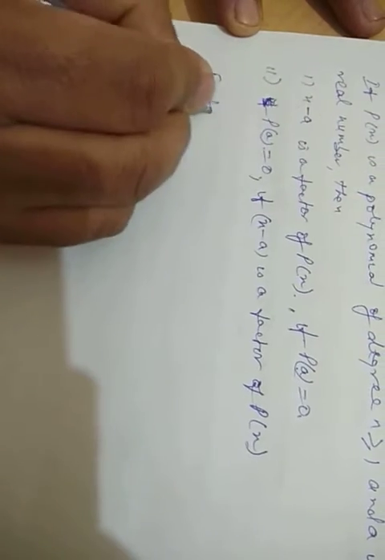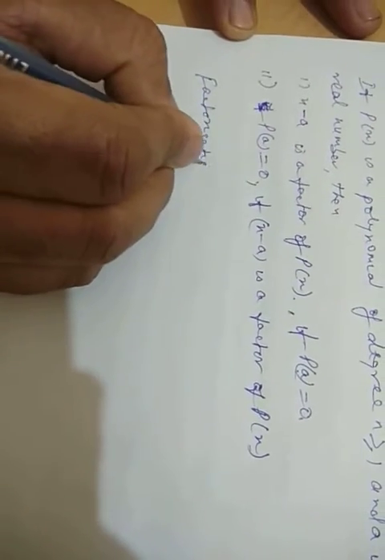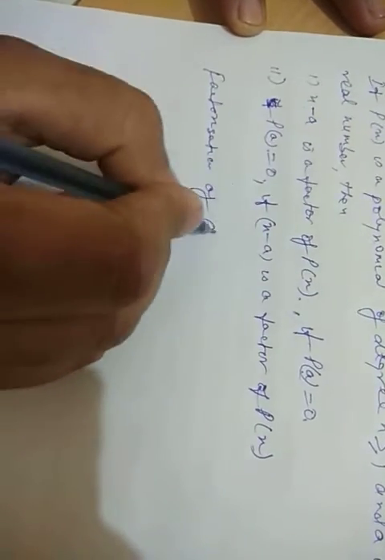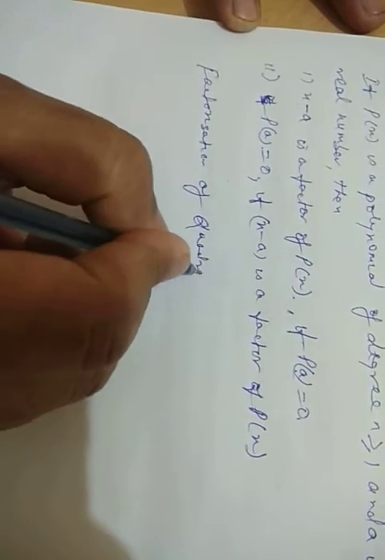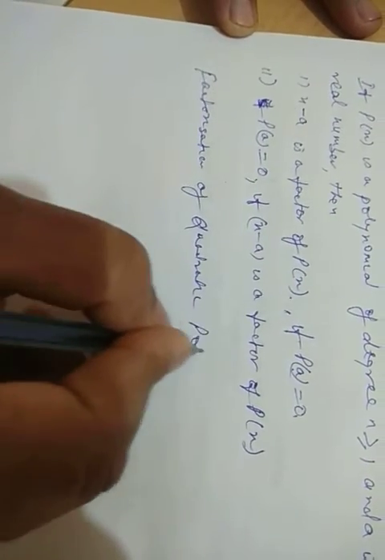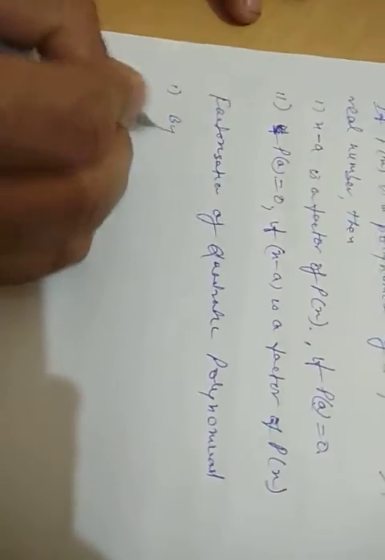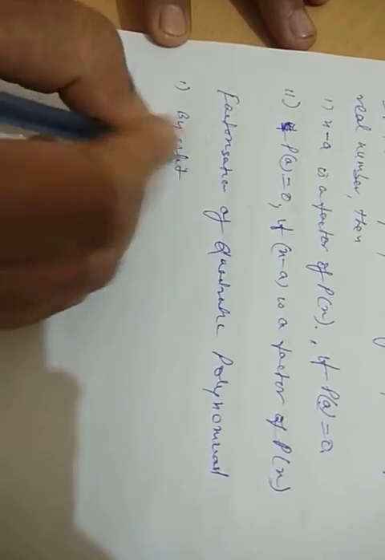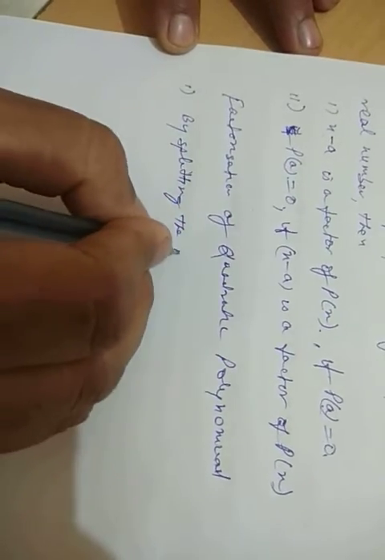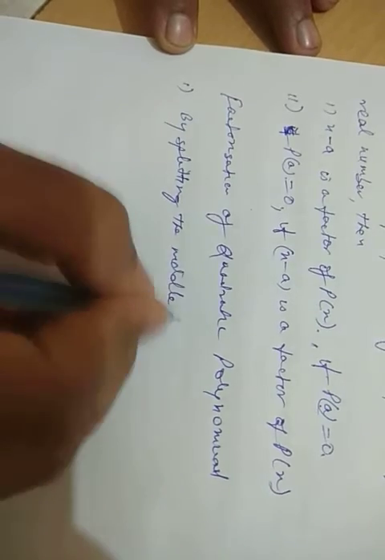Let us see factorization of a quadratic polynomial by two methods. The first method, by splitting the middle term.